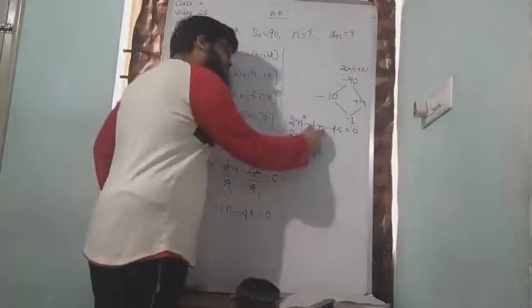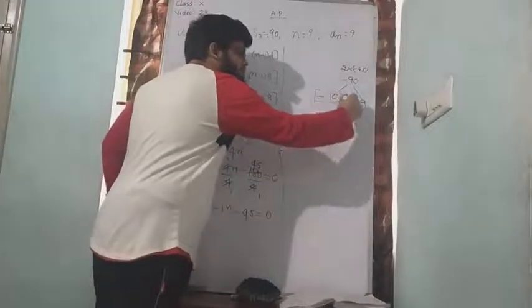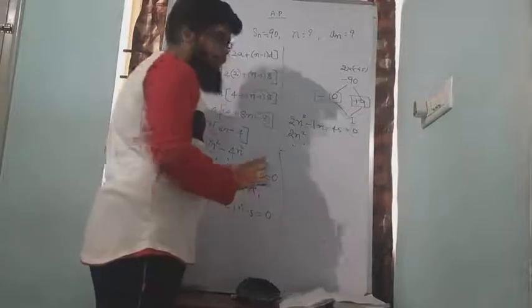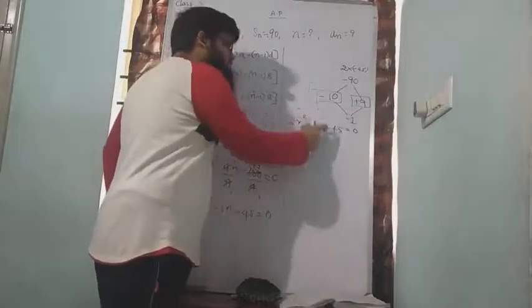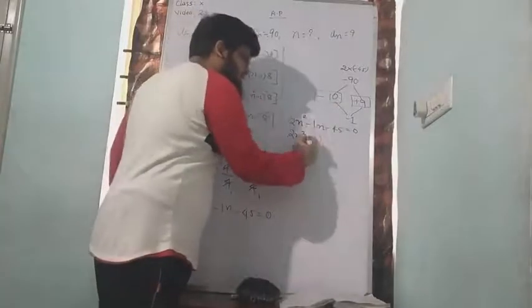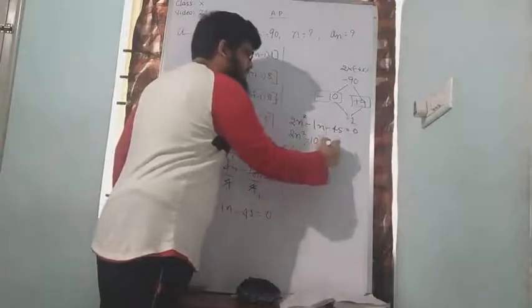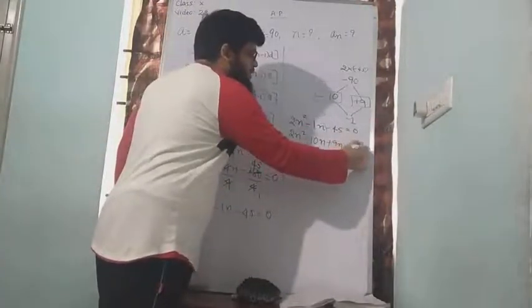Then instead of writing this middle value, I should write these 2 values along with the variable that is used. What is the variable used? N. In this problem, the variable used is n. So instead of writing the middle value, I should write this value minus 10 along with n plus 9 along with n. And then I should write the last value minus 45 is equal to 0.